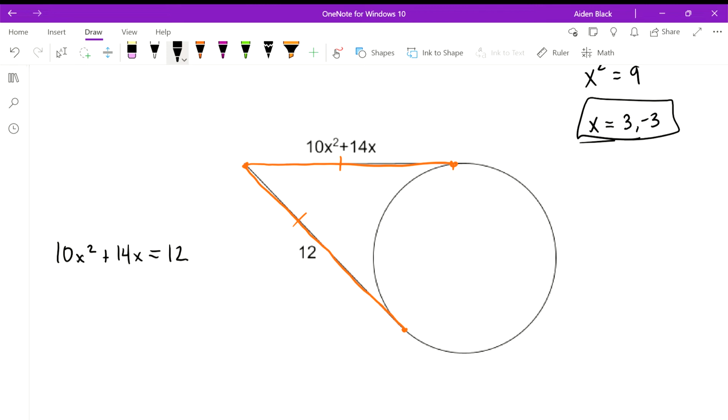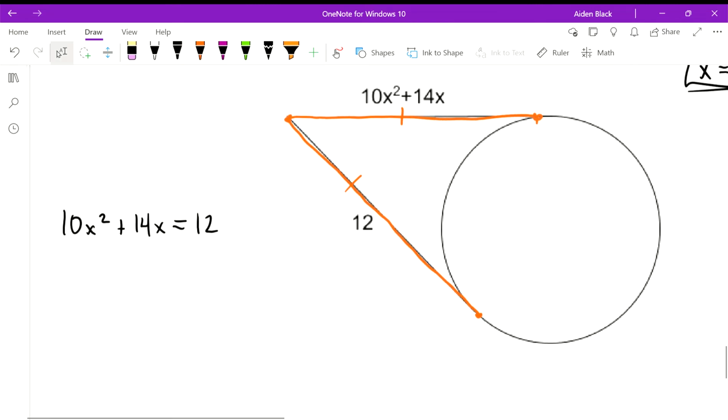So we have this expression here, in this equation, 10x squared plus 14x minus 12 equals 0. What am I doing here? Well, it looks like a quadratic, right? And we have an x squared value and an x value.